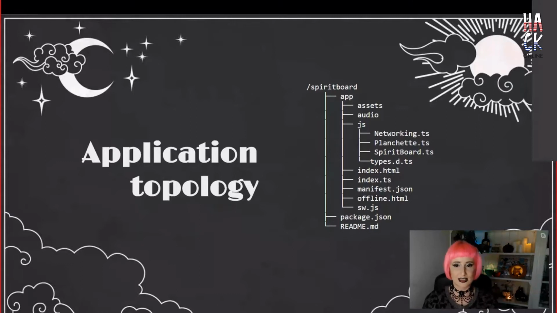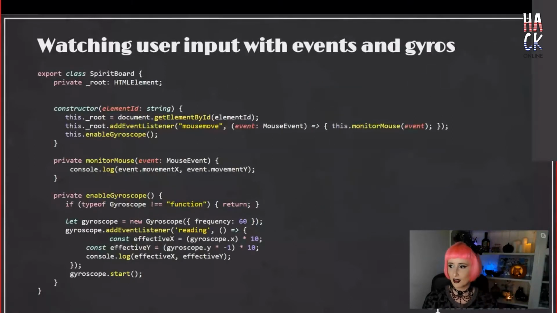So let's start there in spirit.board.ts and actually write some functionality which is going to capture the mouse and the gyroscope movements. So first of all, we create a spirit board class that we're going to instantiate in our index.ts file. And inside it is all the logic that makes the board itself work.